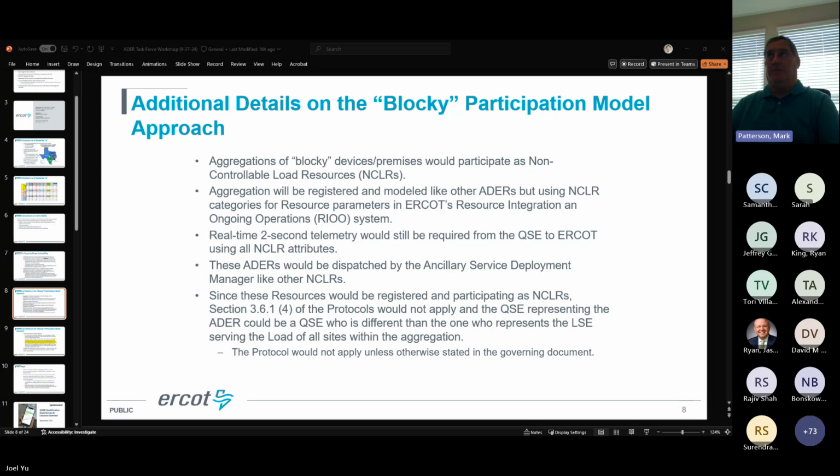Since these don't have a bid to buy, I think maybe a better way of saying it is that it wouldn't have to apply. The task force may want to discuss that in more detail and determine if they want to keep that in place or not. We're just saying there wouldn't be a requirement, the way the protocol is worded in that section, that it would have to remain in place.